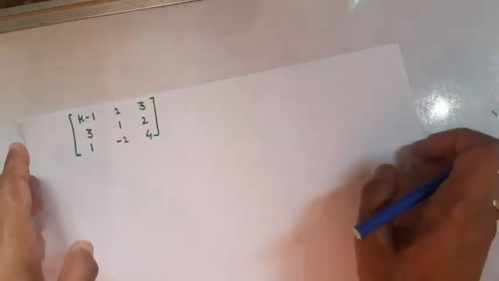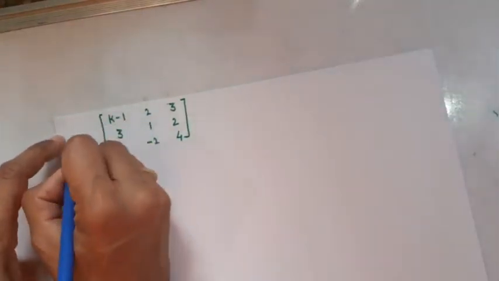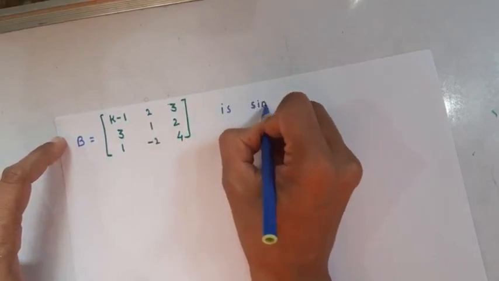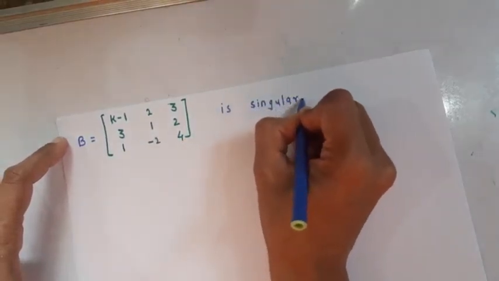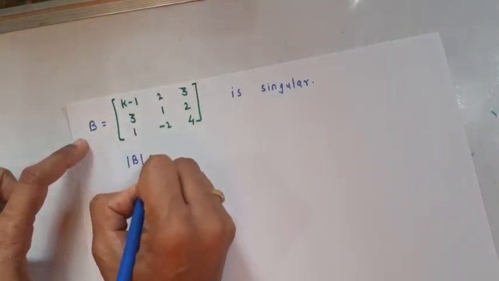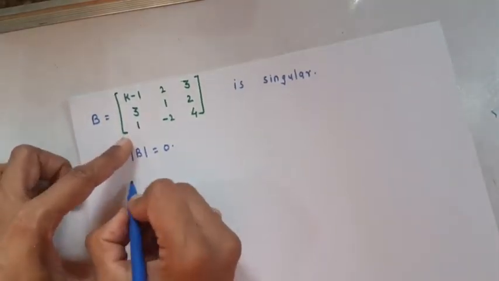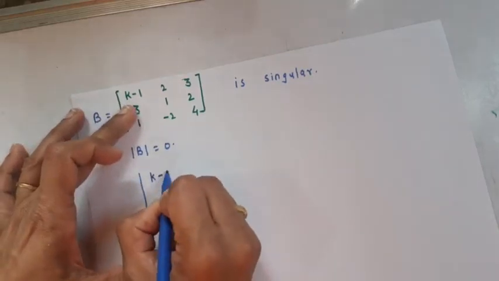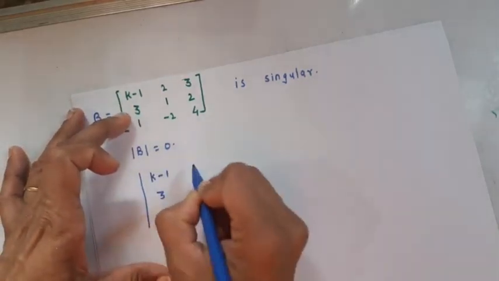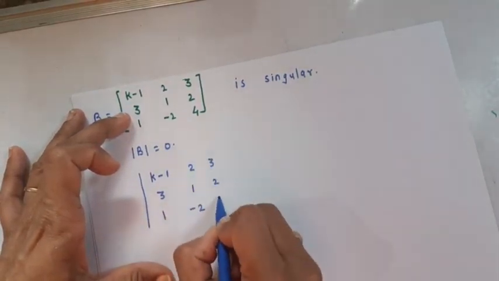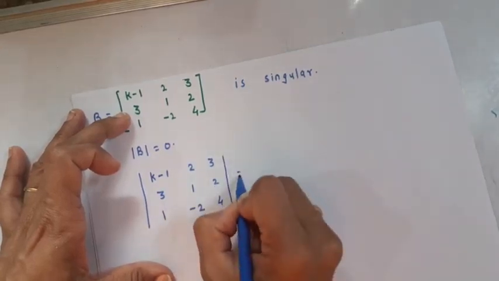Now the next problem. Find the value of k if the matrix B is singular. As matrix B is singular, its determinant value of B equal to 0. So let us find the determinant value: k minus 1, 3, 1, 2, 1, minus 2, 3, 2, 4, and its determinant value is 0.